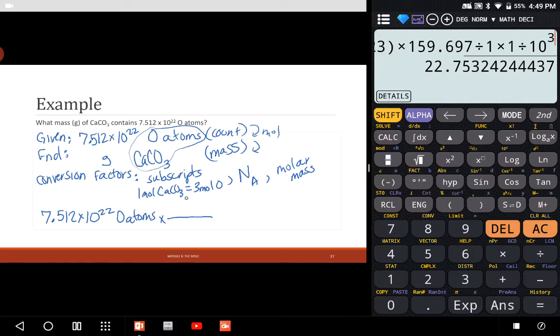And I could either do subscripts first, or I could wait until after I have moles. So I'm actually going to go into moles first since I wrote these in moles for you.